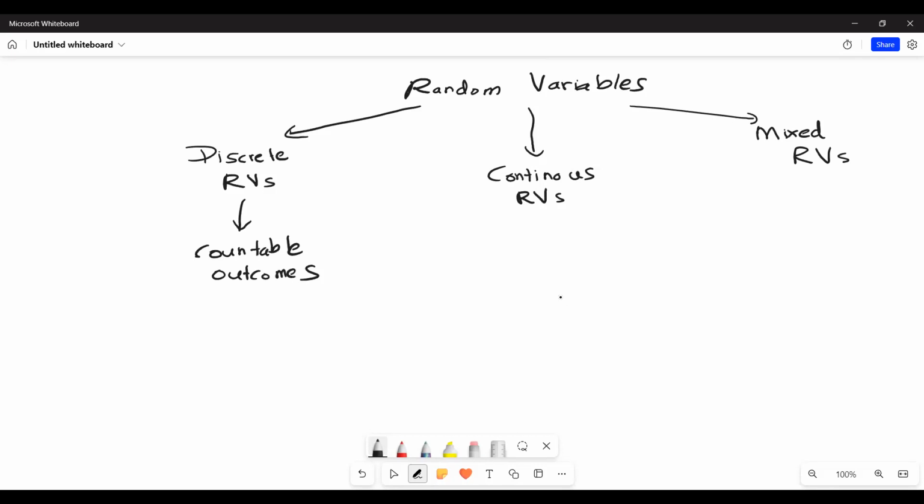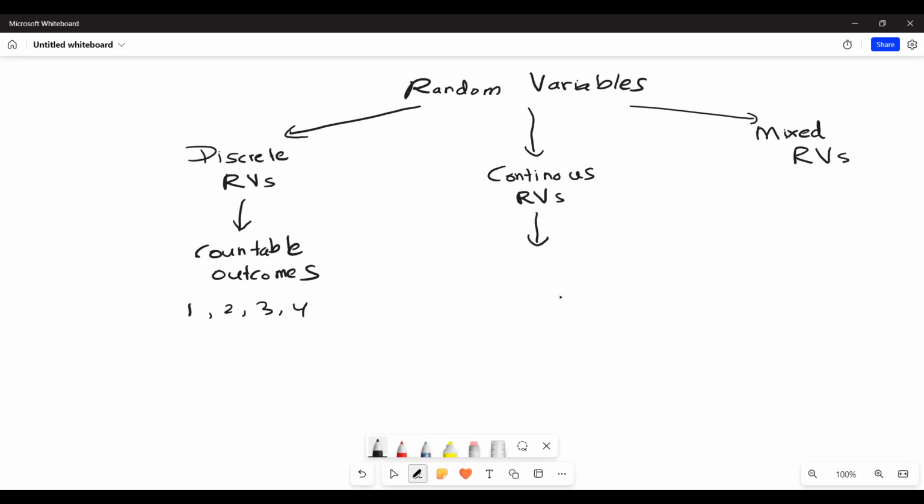If there's a random experiment that has countable outcomes that we can count, like 1, 2, 3, 4, 5, then the random variable that is used to define that experiment is known as a discrete random variable.